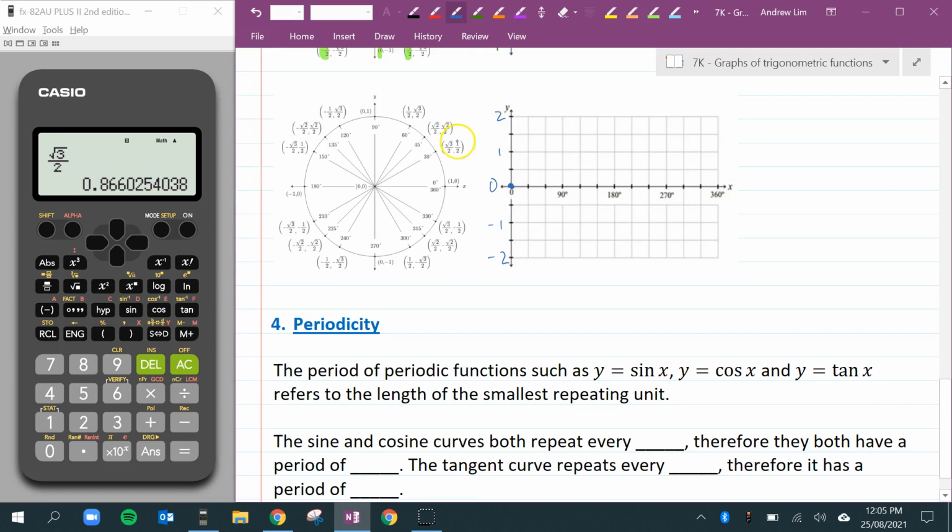Tan of 30 degrees is going to be 1 over root 3, which is about 0.58. So let's just say that's about there. What about tan of 45? We know that's 1. Tan of 45 is over here. Tan of 60 degrees will be root 3 over 1, which is just root 3, about 1.7.